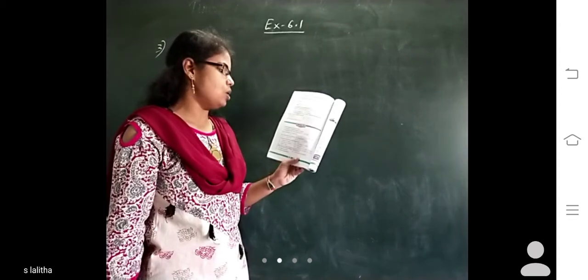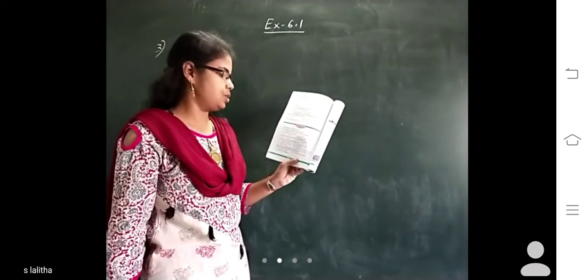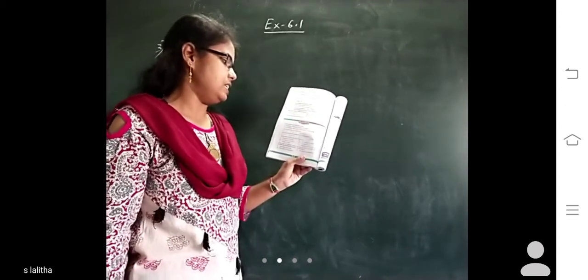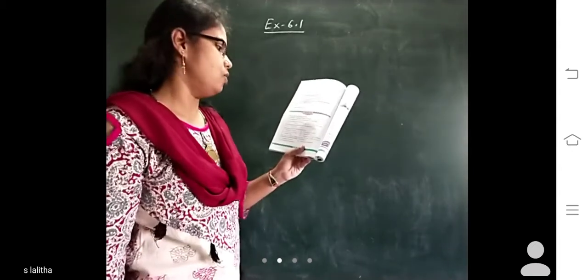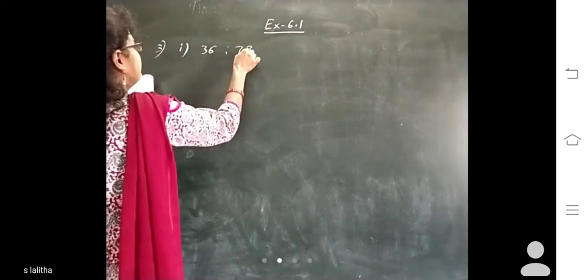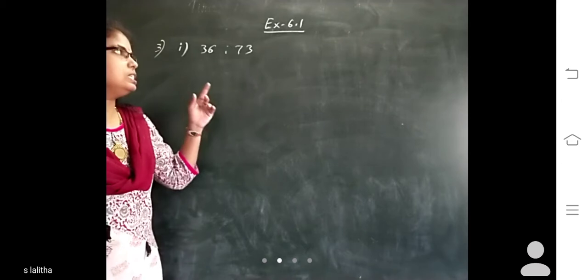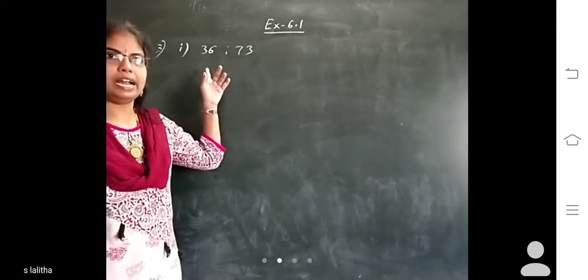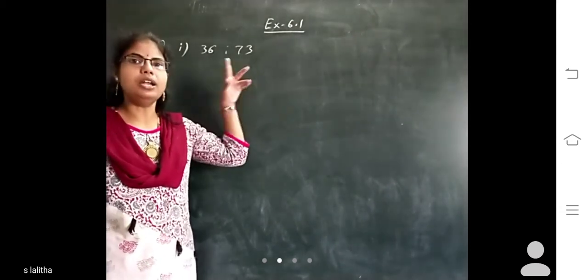Third one is write the antecedents and consequents of the following ratios. I told you what is antecedent and what is consequent. Yesterday I told the antecedent and consequent. The first term of the ratio is called antecedent, the second term is called consequent.